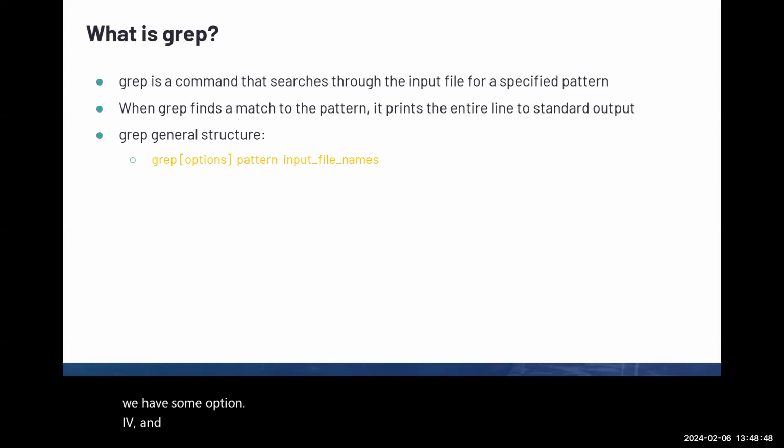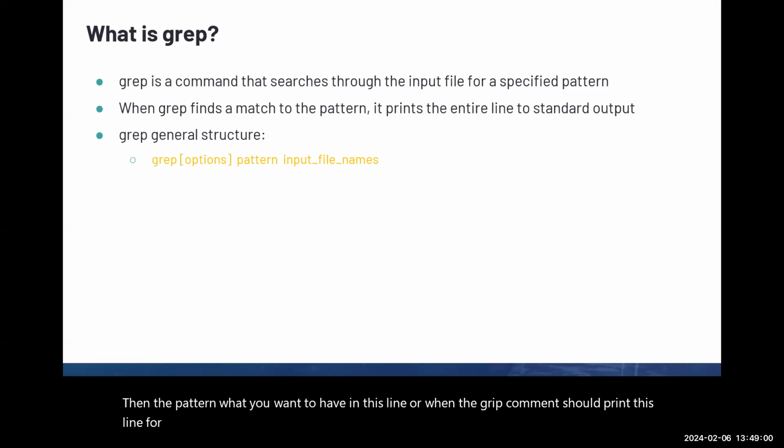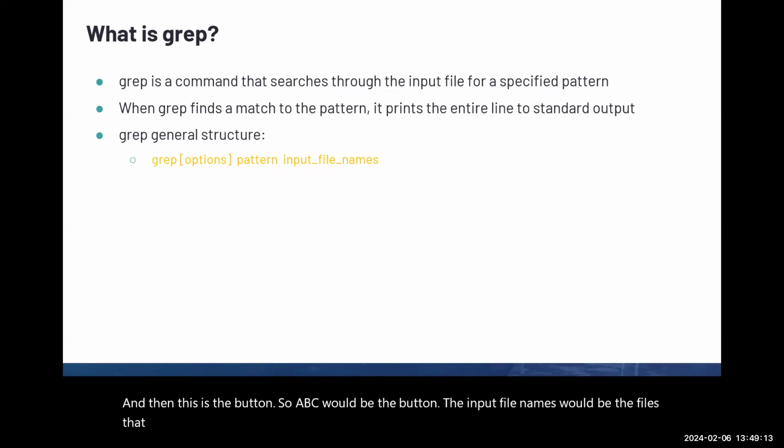Then the pattern, what we want to have in the line, or when grep should print the line. For example, if we want to print all the lines that contain the word ABC, then ABC will be the pattern.